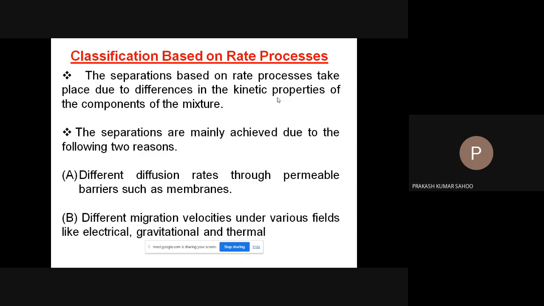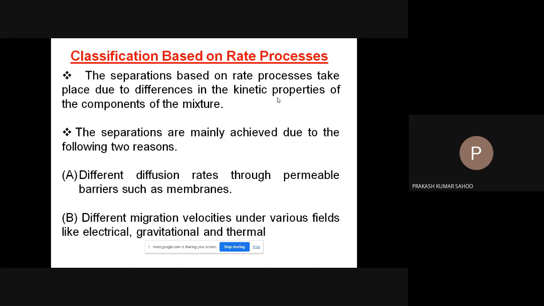This is mainly of two types: your different diffusion rates through permeable barriers such as membranes, and the second one is different migration velocities under various fields like electrical, gravitational, and thermal field.